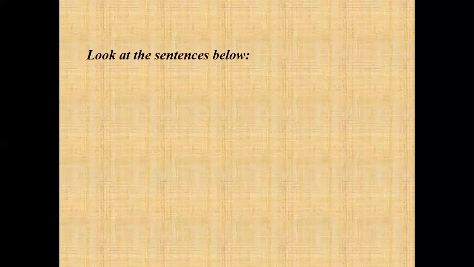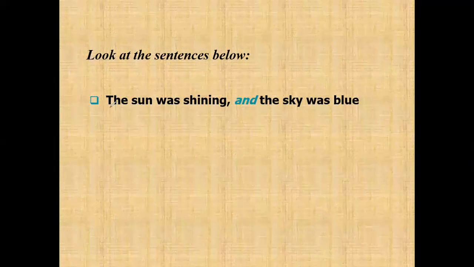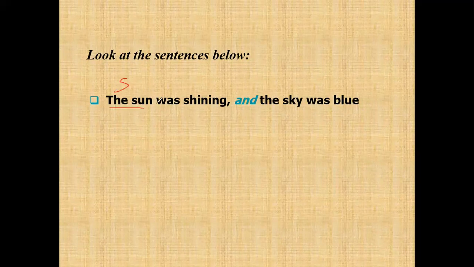Look at these sentences below. The sun was shining and the sky was blue. The sun is the subject, was is a verb, and there is the coordinate connector and.